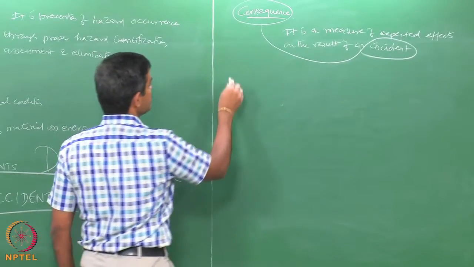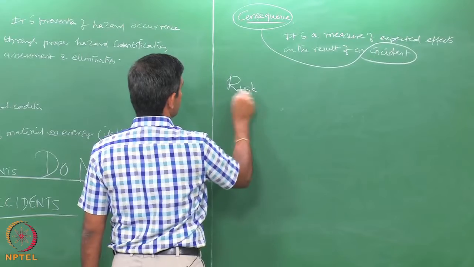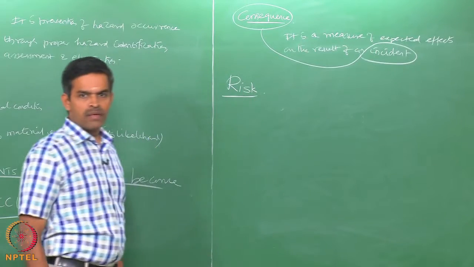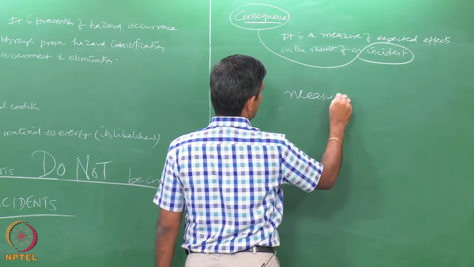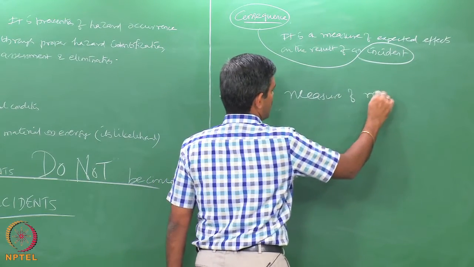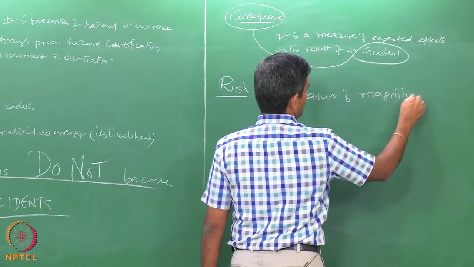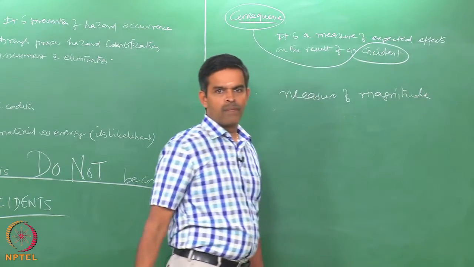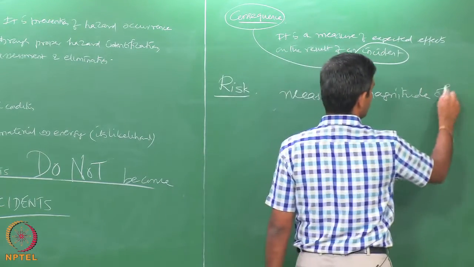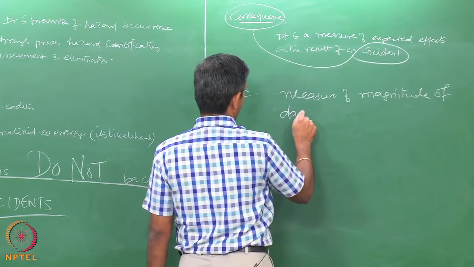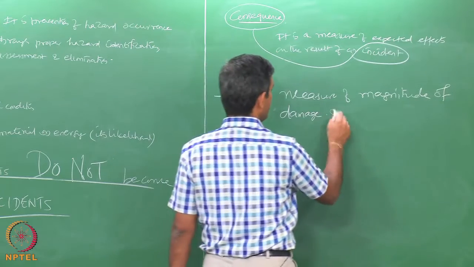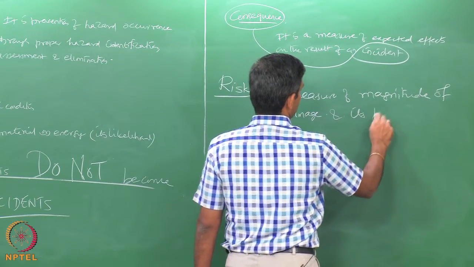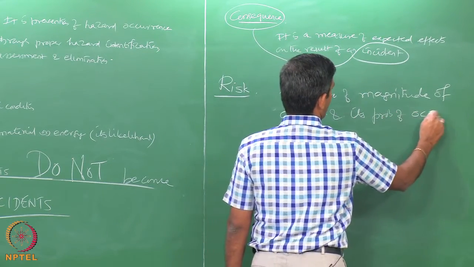Then what is risk? Risk is a measure of magnitude of damage and its probability of occurrence.